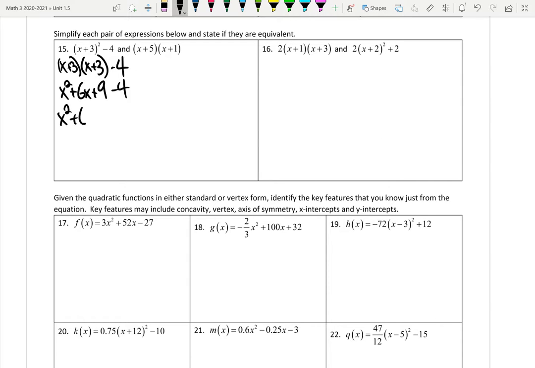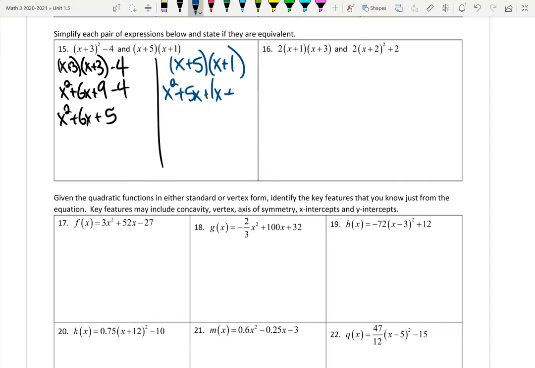I clean up and combine like terms, and I get x squared plus 6x plus 5. This one on the right, I'm going to go ahead and multiply these binomials, and it turns into x squared plus 5x plus 1x plus 5, which, this is false, not equal.